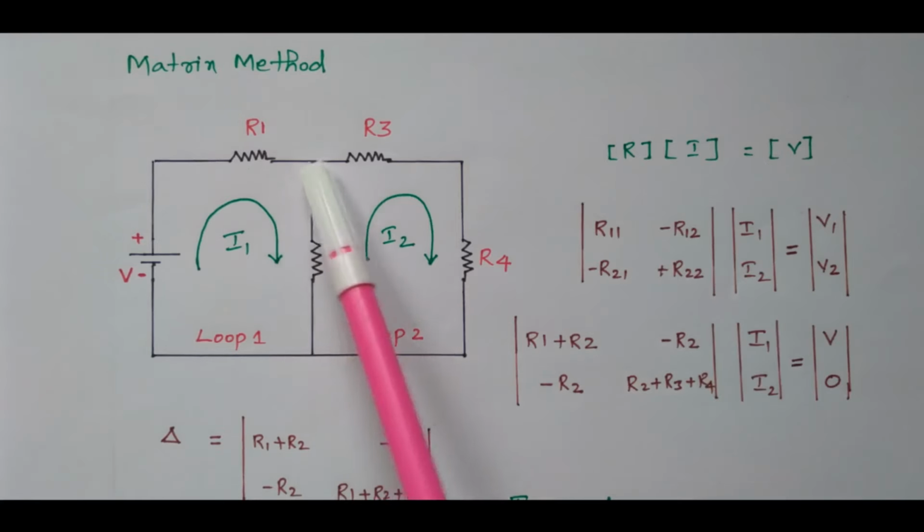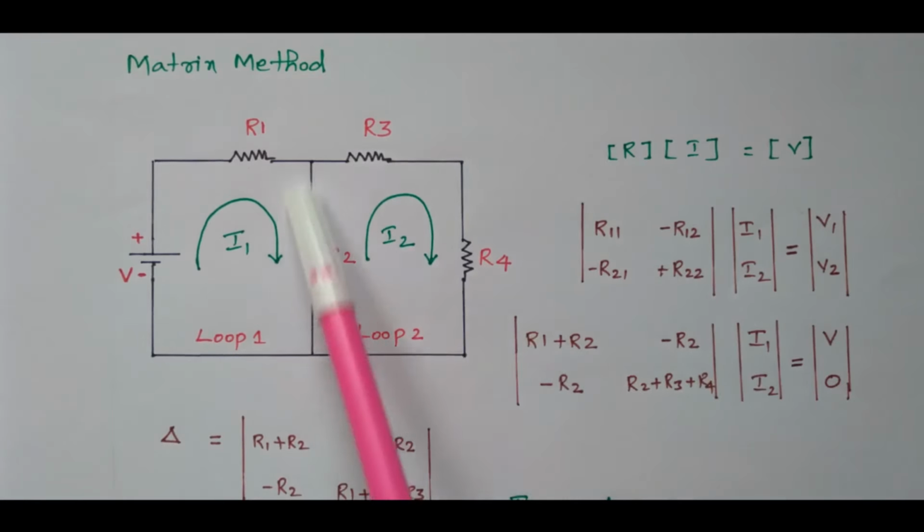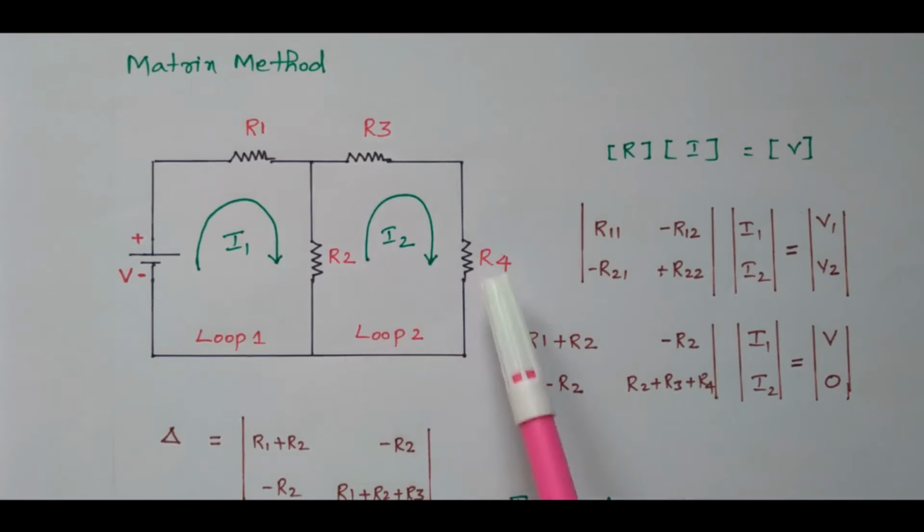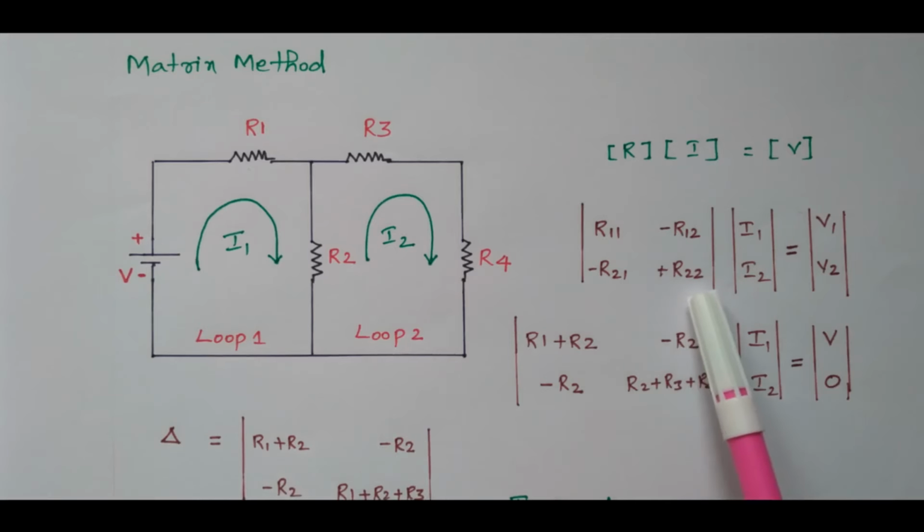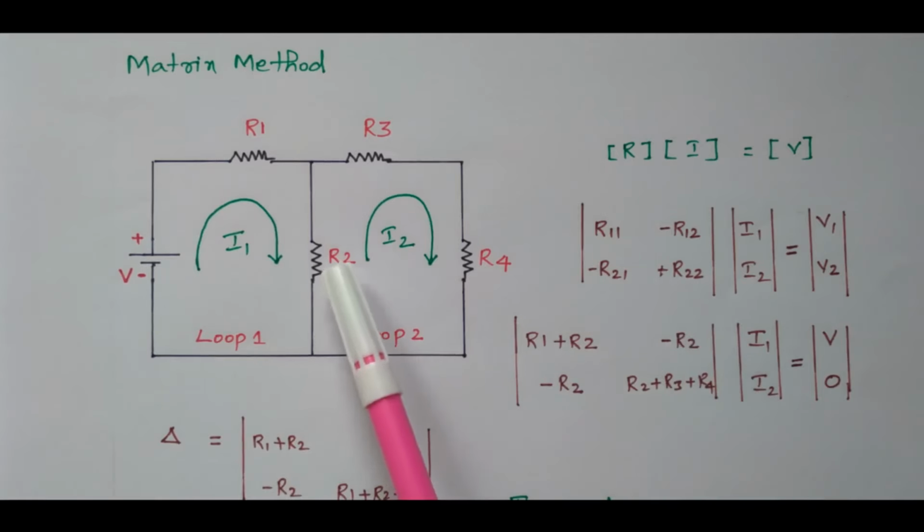This is the second loop. What are the resistors available in the second loop? R2, R3, R4. Right? So R22 means the total resistor available in the second loop, which is R2 plus R3 plus R4.